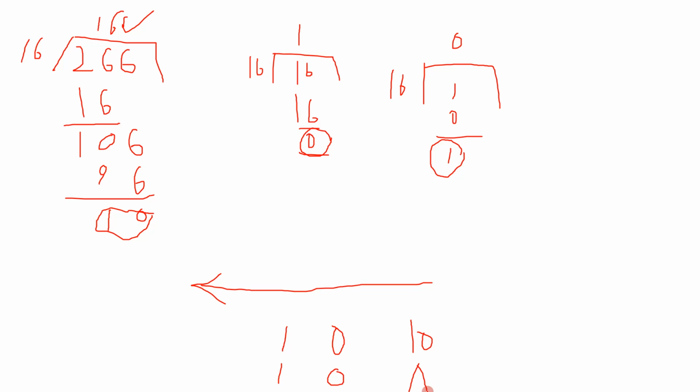When we convert 10 into hexa, we get A. So in hexadecimals the answer will be 10A, and in decimals the answer is 266. But in the processor we are going to see the answer as 10A, because the microprocessor shows the answers in hexadecimals. So the answer which you will get is 10A.